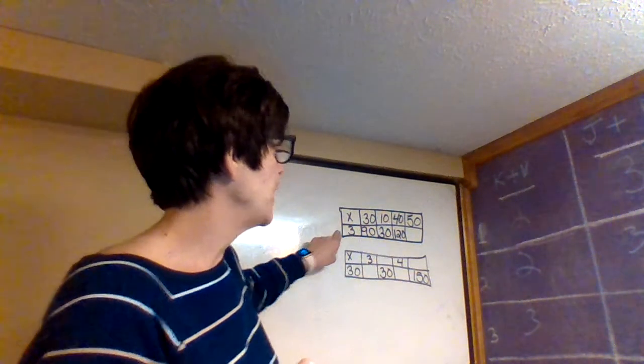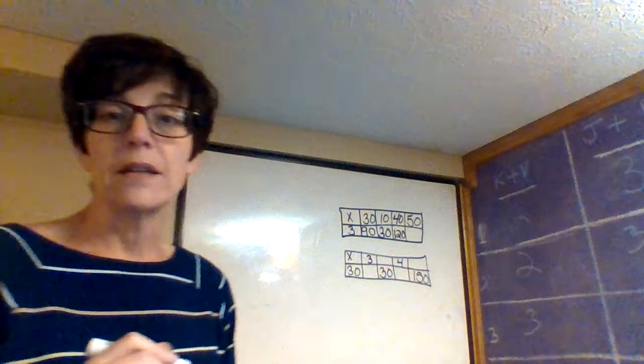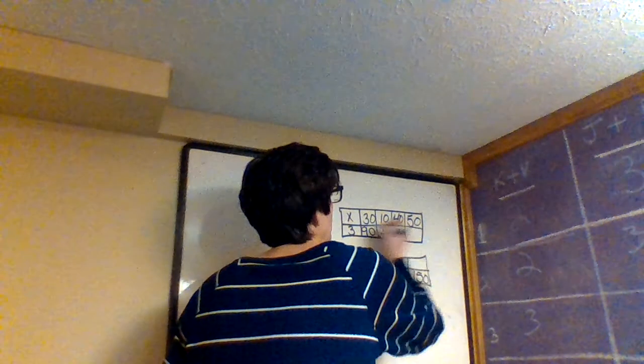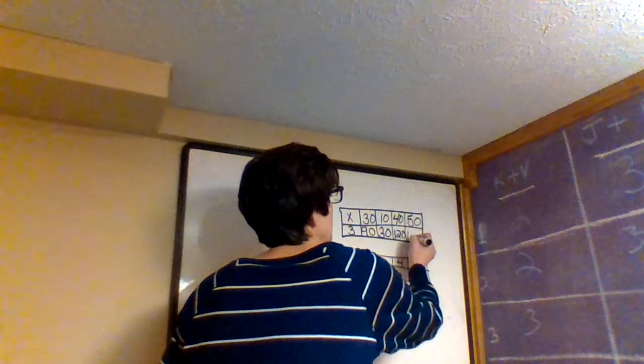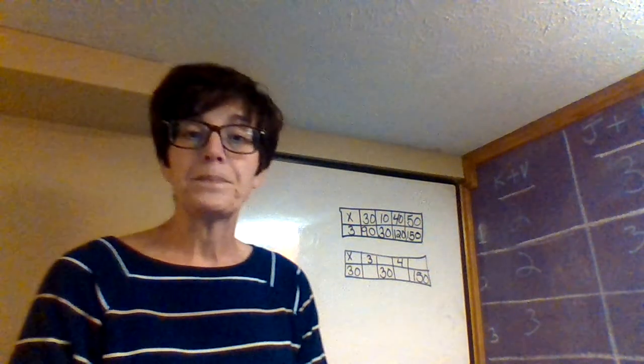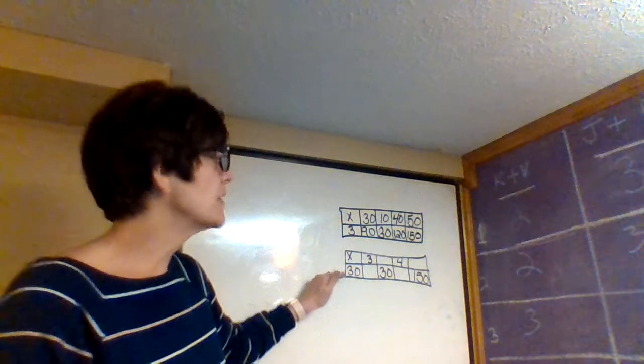And then 3 times 50. 50 plus 50 plus 50. 3 groups of 50. 3 times 5 is 15. I have 15 sets of 10. I bring that 0 down. It's 150.